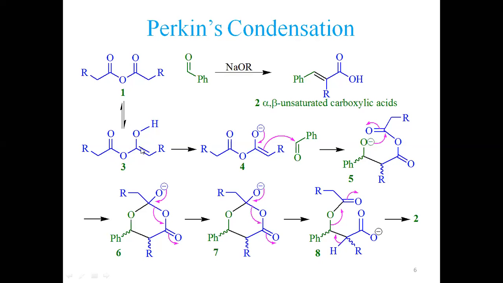I have presented the enol form, but it can be the enol form on the other side as well because this is symmetrical. Both sides we have the same alkyl group, so either this side or that side doesn't make any difference. All right. So this is the enol form I have presented for structure number one, the anhydride.